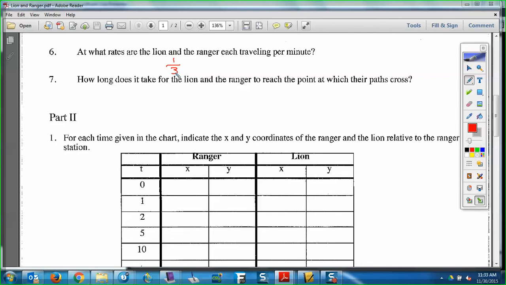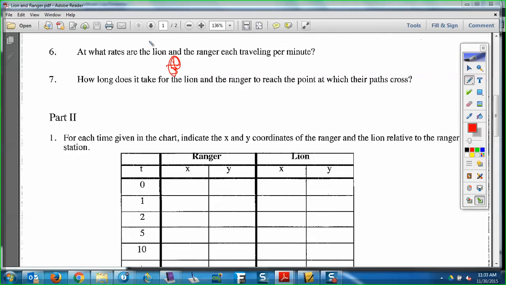Every single time, slope is a rate. It's just not the rate we want. We want miles per minute. That is not miles per minute. That's 1 mile north for every 3 miles east. Or it's 1/3 of a mile north per mile east. Does that make sense? That's what that rate is. It's not the rate we want. We want miles per minute.